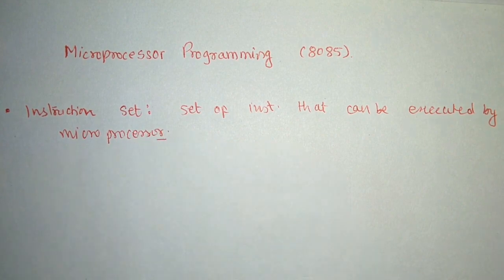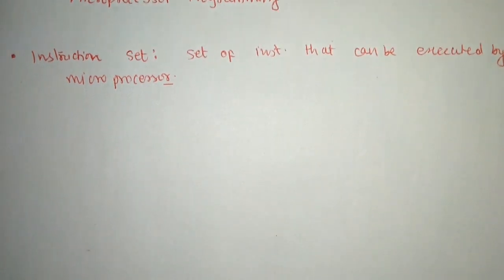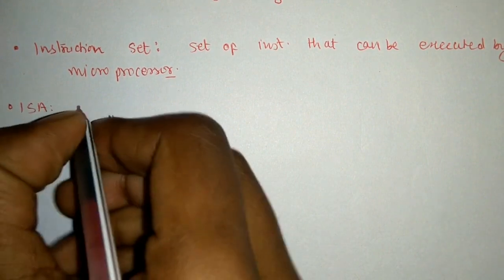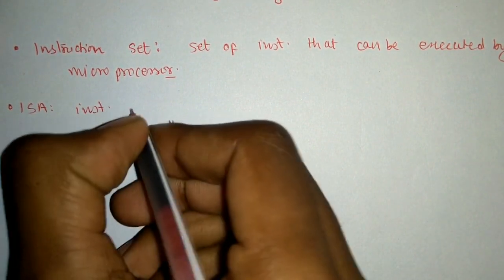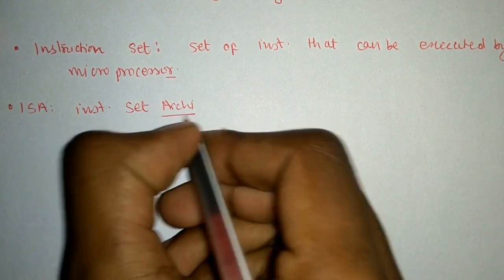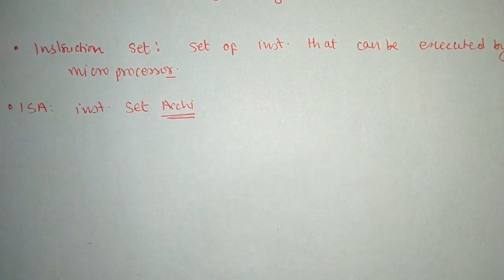When we say 8085, all the instructions that an 8085 can execute come under the instruction set of 8085. Now there is something known as ISA, which is instruction set architecture. It means the exact architecture of our machine in order to execute all those instructions.